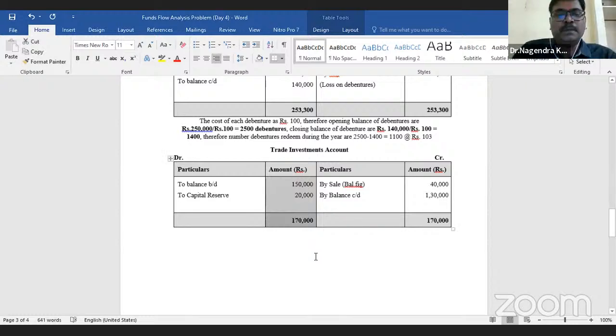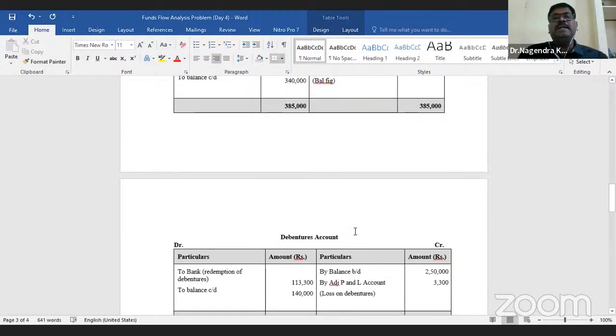So out of the total amount, when we deduct this balancing amount, we will understand how much of the trade investments were sold during the year. So 40,000 value of trade investments was sold during the year. This is the adjustment that we have to make for the trade investments account.